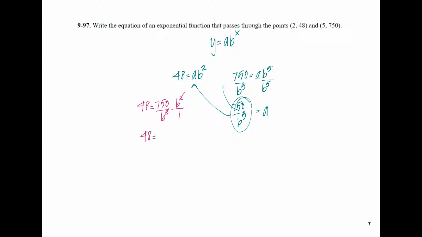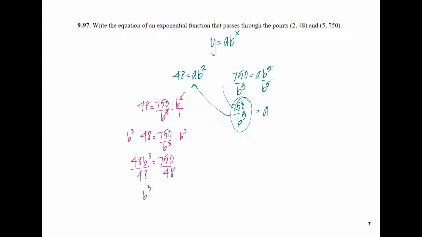So we get 48 equals 750 over b cubed. Use inverse operations. 48b cubed equals 750. Divide by 48.